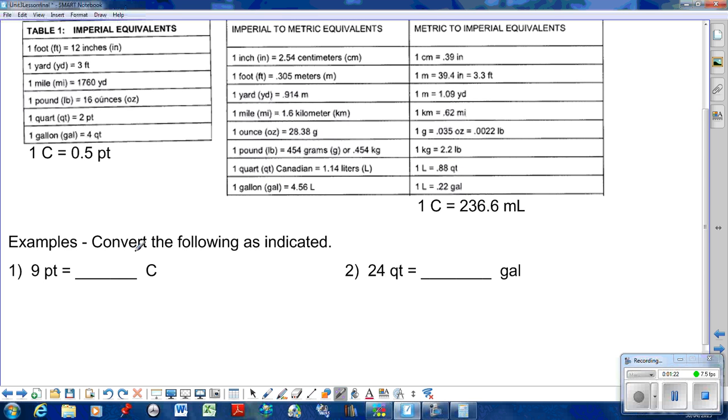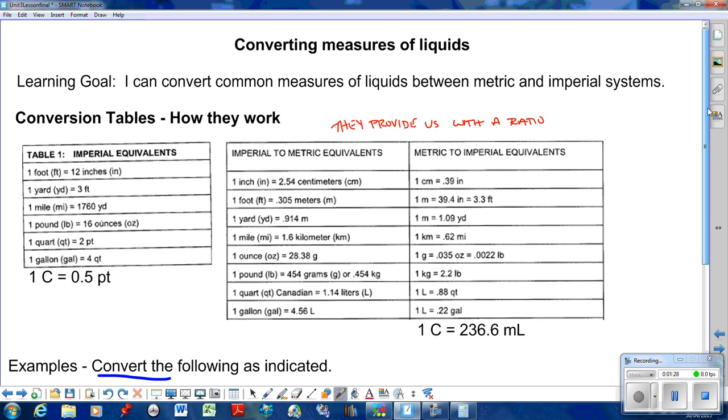So we want to convert the following as indicated. So we want to go from PT, and now that's pints. So maybe I'll list that off to the side for us. So just as a bit of a legend here, PT is pints, so that's an imperial measure of liquid. We also see an ounce is also listed.